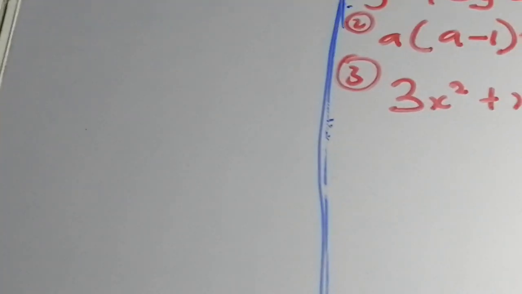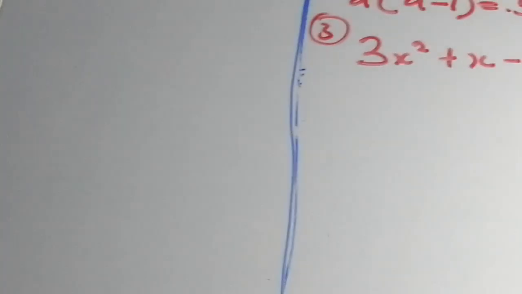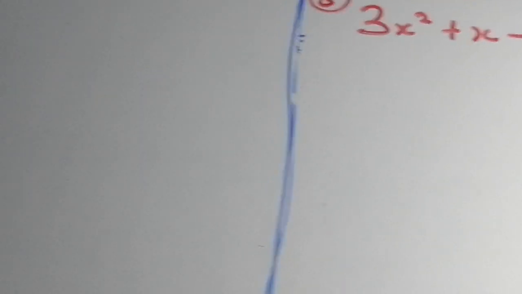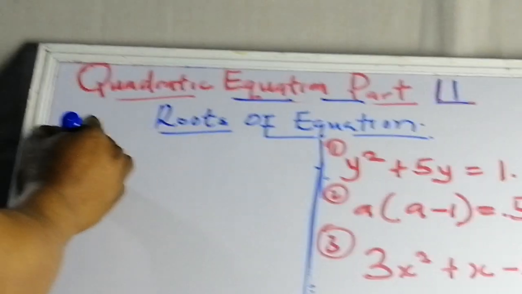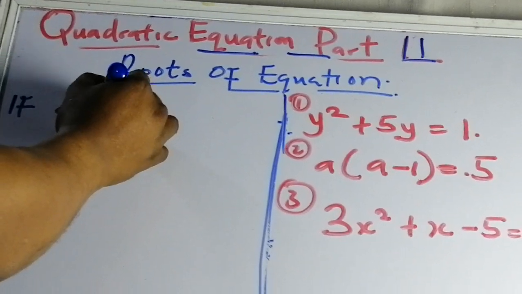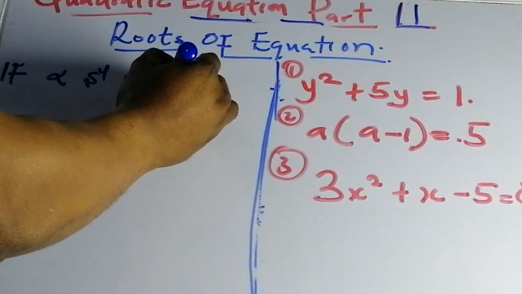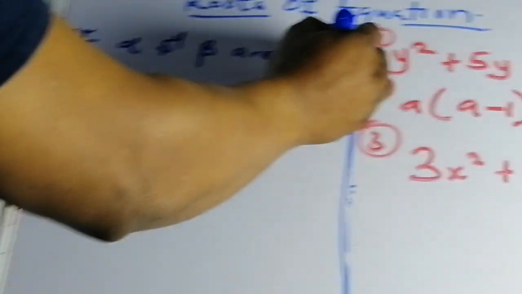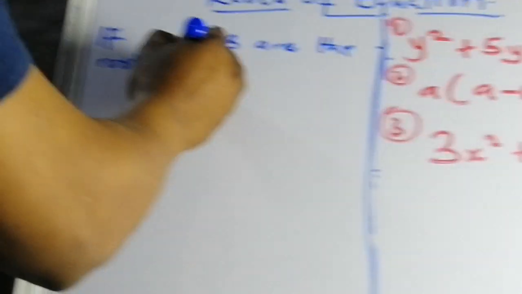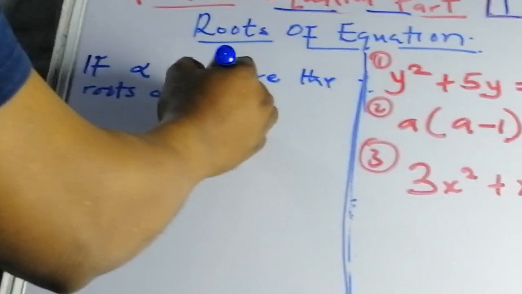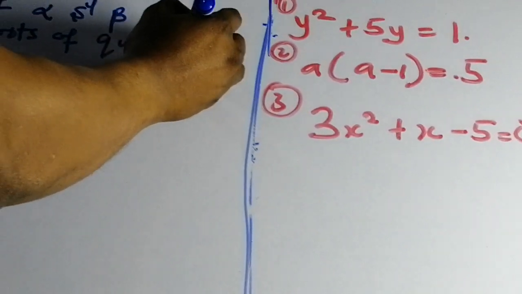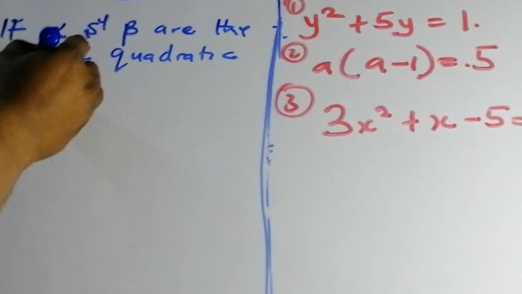So now, in mathematics, we use general terms, which are alpha and beta, for roots of equation. If alpha and beta are the roots of a quadratic equation, what does that mean?